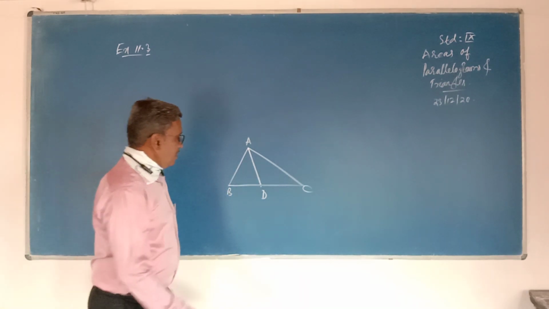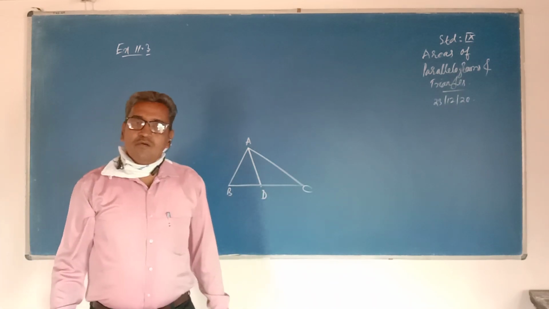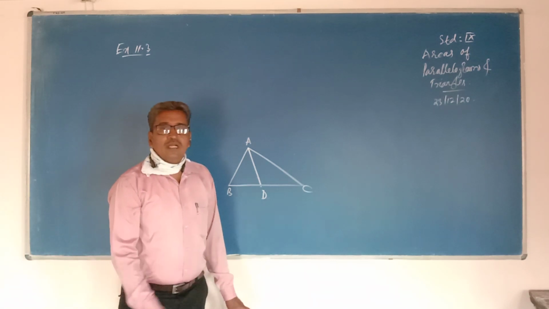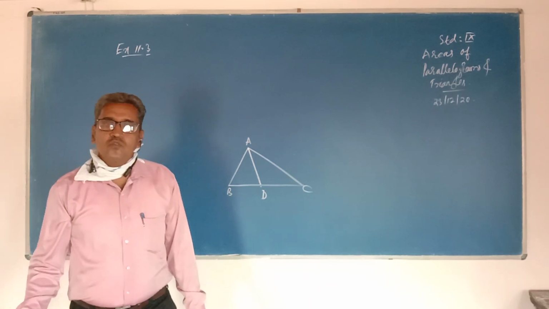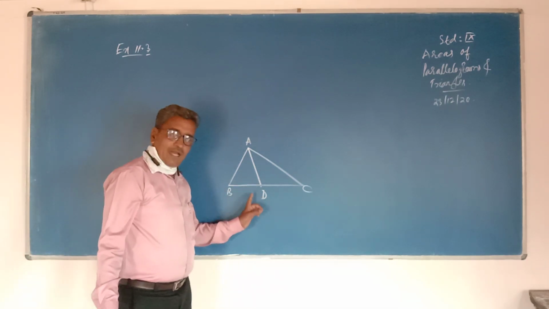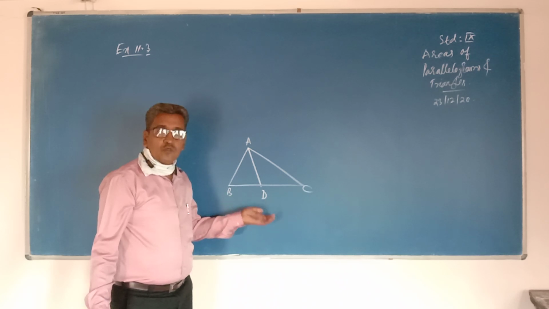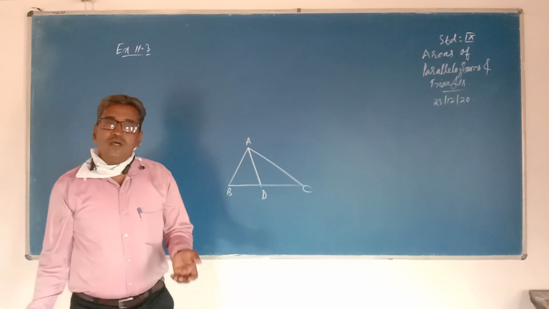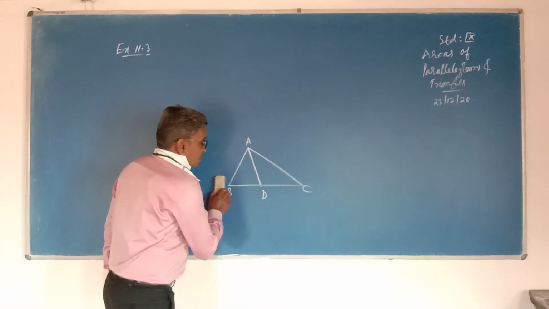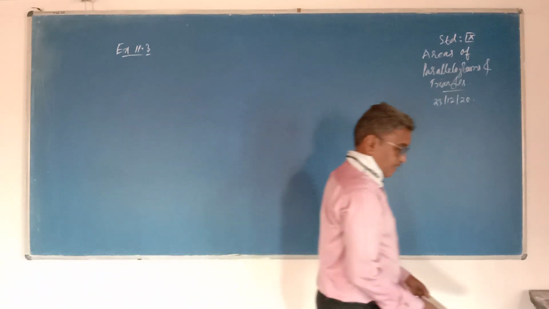The median of a triangle divides the triangle into two triangles of equal area. This is a very important point to remember, and it can be used to solve some examples. It will be applied to solve the examples in exercise 11.3.